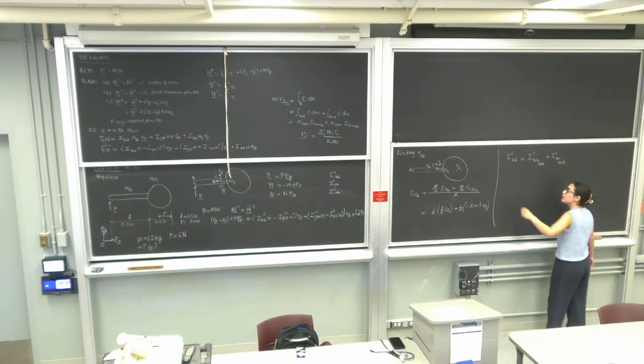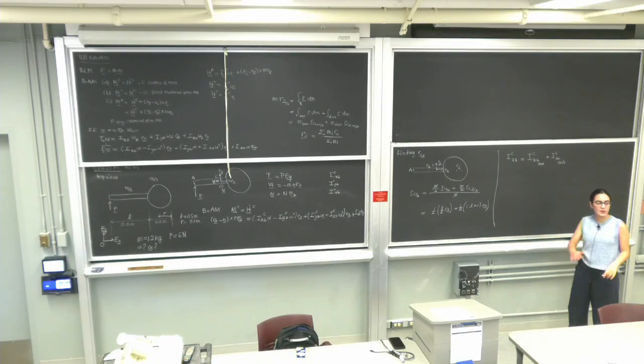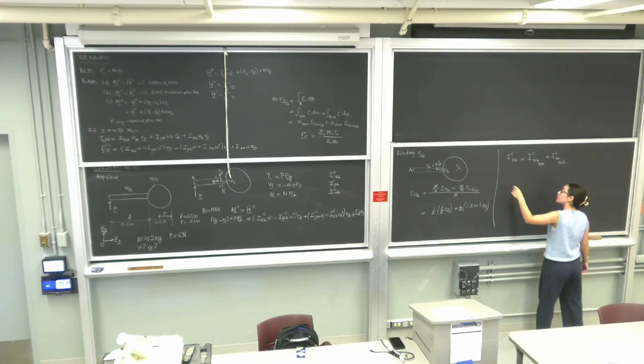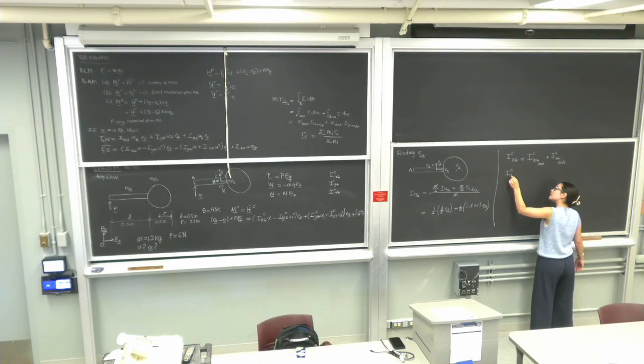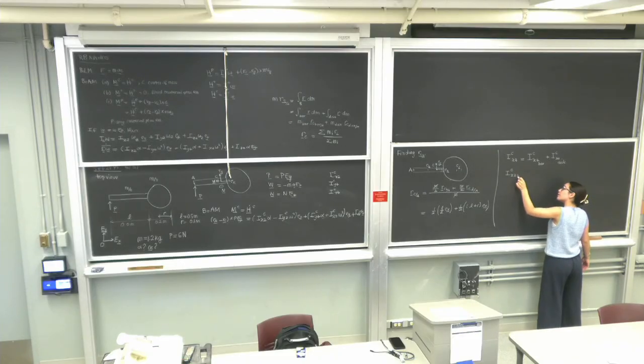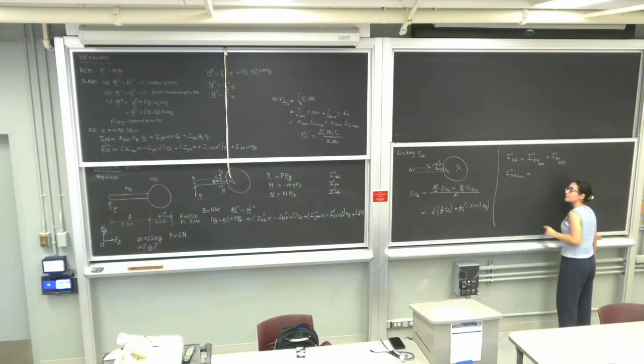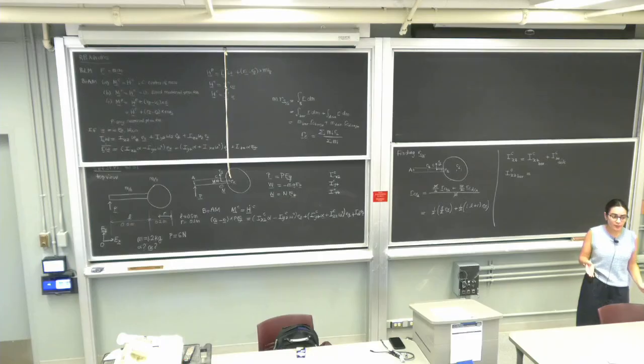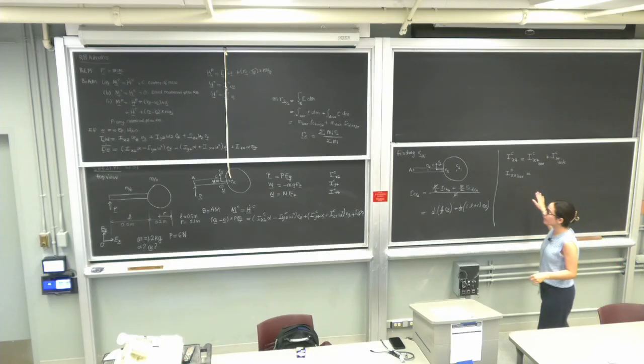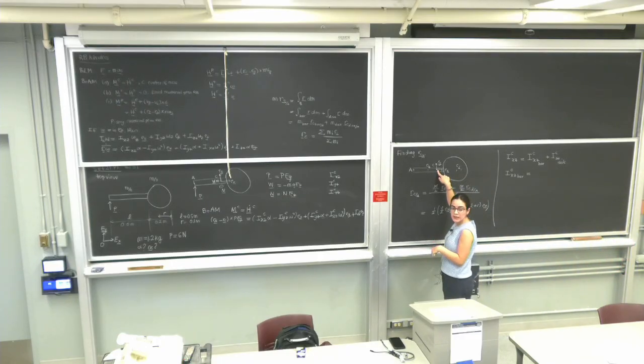Okay? Now, let us find each one of these products of inertia on its own. ICXZ of the bar, well, if I look at the tables, can I find the moment of inertia of the bar about a point that's here at the center of mass of the system? In your tables, maybe open up the tables.